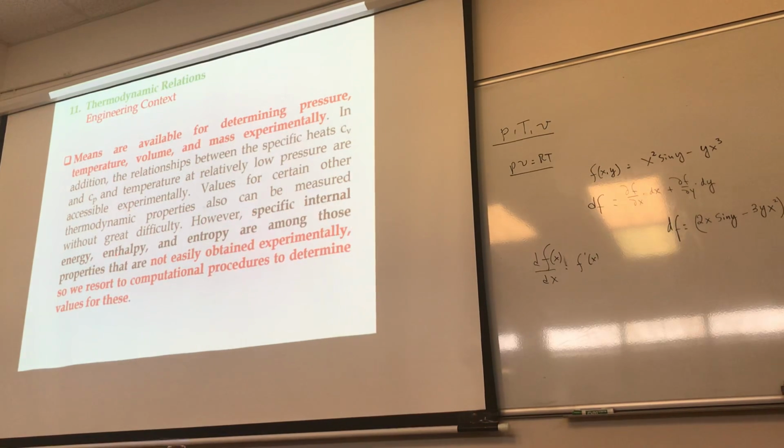However, all these other ones, like enthalpy and entropy, are not readily or easily obtained experimentally, so we resort to computational procedures. This is what I'm saying: math comes to the rescue and allows us to use the relationships that are here and expand them to figure out what is going on in the enthalpy, internal energy, and entropy.